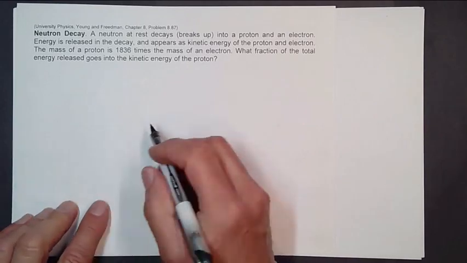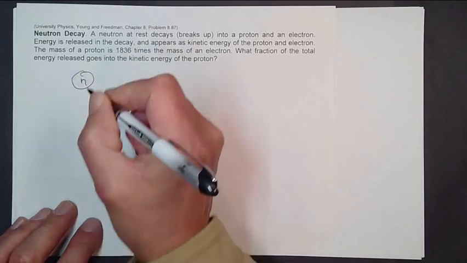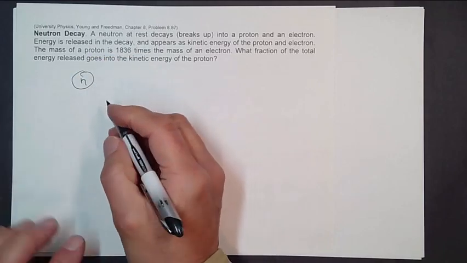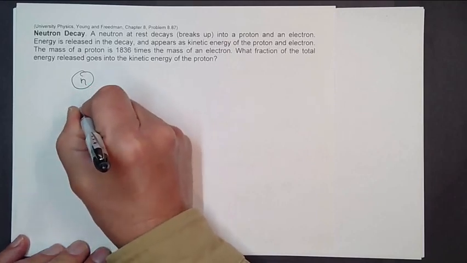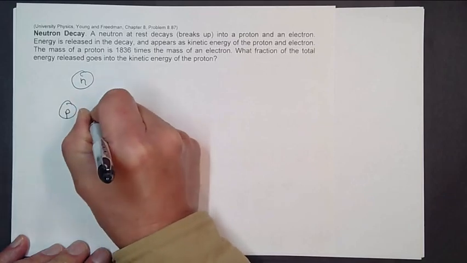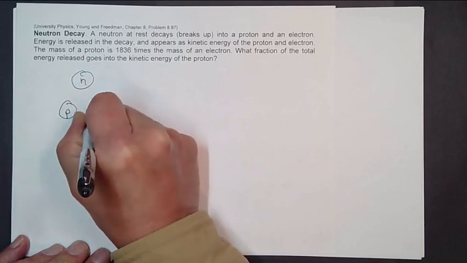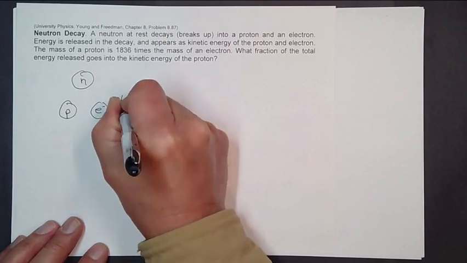Well, here's the situation. We start off with a neutron that's at rest, just sitting there, and it breaks up into a proton and an electron. The electron takes off with V sub e.